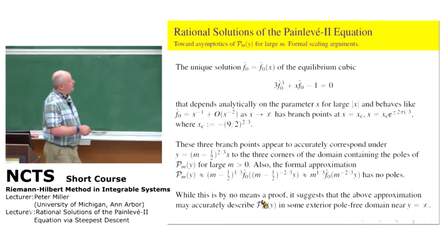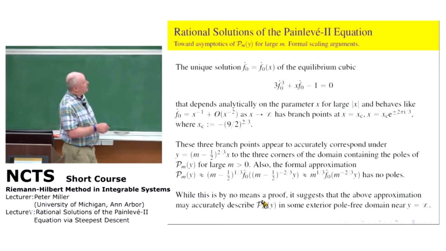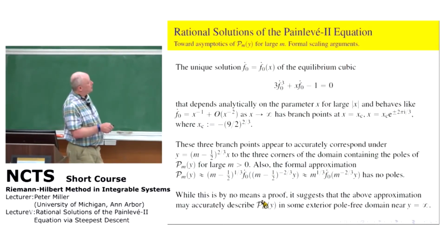And also, this formal approximation that would come out of just taking this equilibrium solution, so that means you have m to the 1/3 times this equilibrium solution for the parameter given by this value of x, which is basically m to the 2/3 minus 2/3 times y, this formula, as a function of y, has no poles, right?